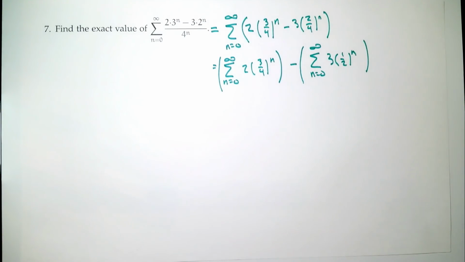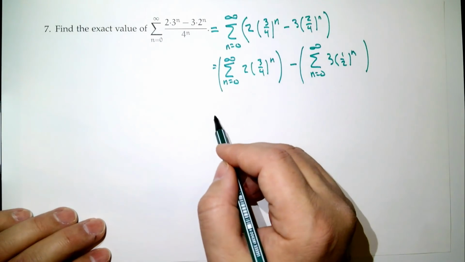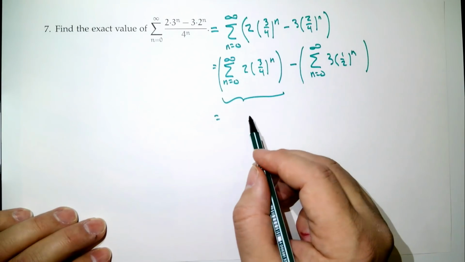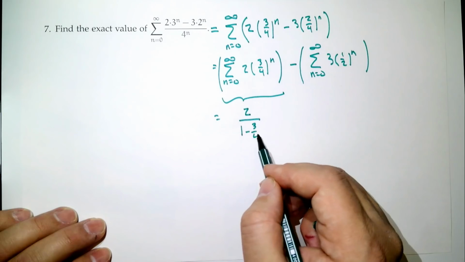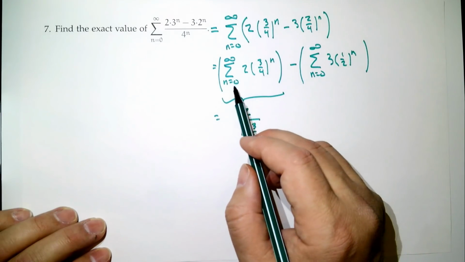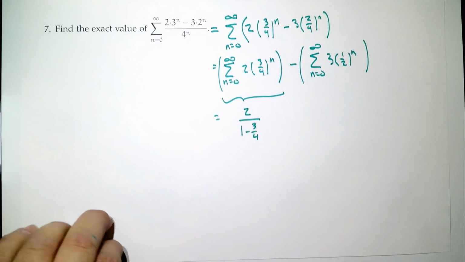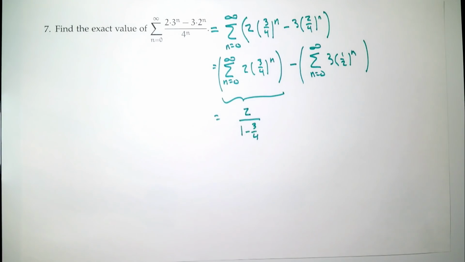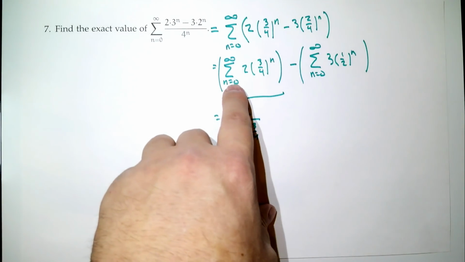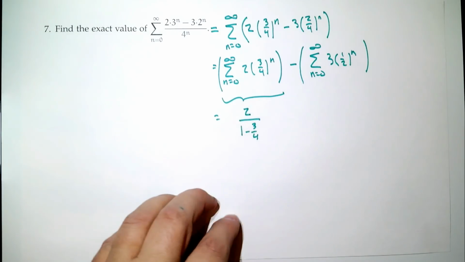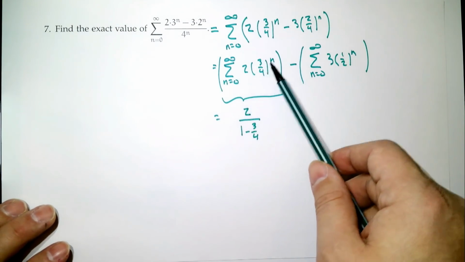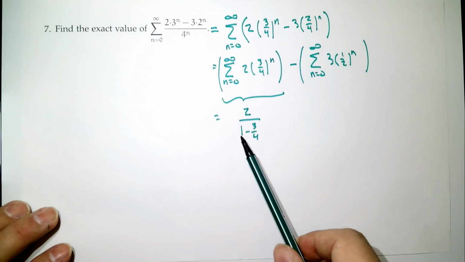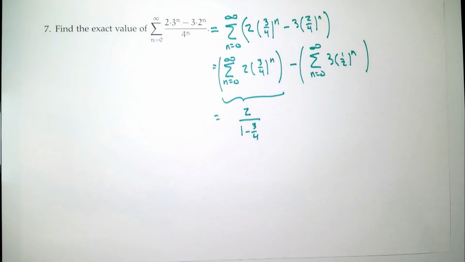All right. Well, let's talk about these sums. For the first sum, what do I get? Yeah, it's 2 over 1 minus 3/4. Now, why the 2? Well, always look at where you start. One of the things that they can do to throw you off the scent is start their sum not at 0. So pay attention. So here our sum starts at 0. So the first term would be 2 times 3/4 to 0, which is 2. Then you divide 1 minus the ratio, 1 minus 3/4.